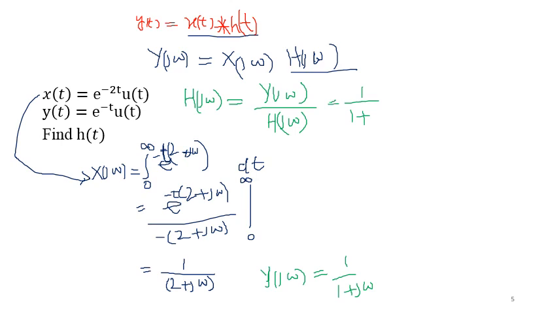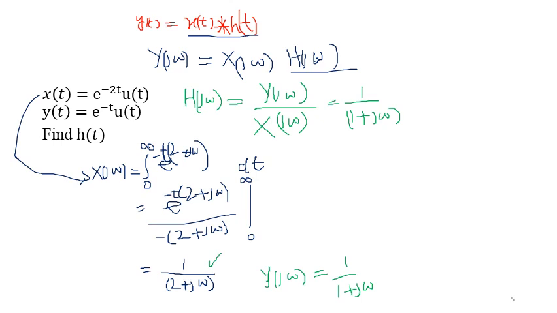Okay, I made a mistake, it's X of j omega, not H of j omega. So X of j omega is 1 over (2 plus j omega), and we divide by X of j omega.